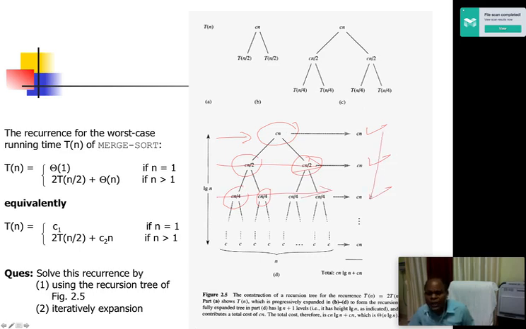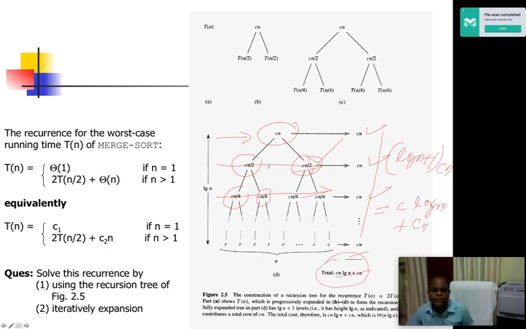If you go on like this, down to the lower level, it is the same. How many levels are there? log n plus 1 levels, and each takes Cn time. Hence it is equal to Cn log n plus Cn.